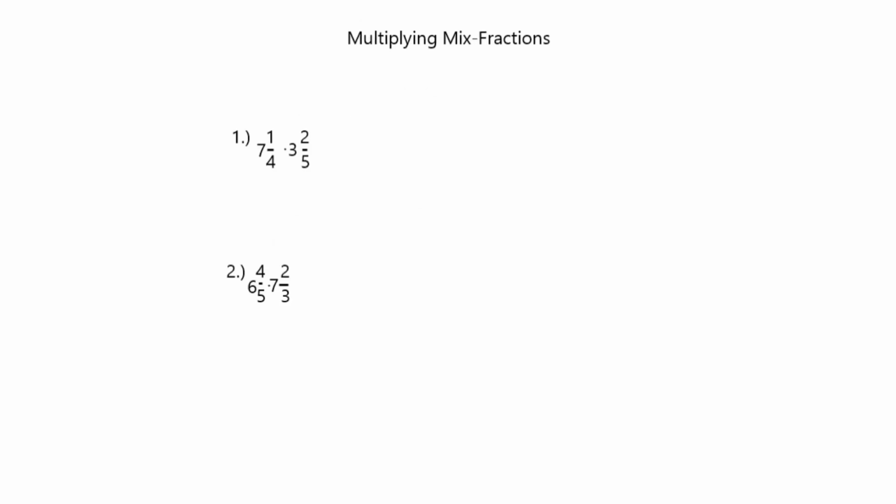Okay, now let's move on to our next problem. So now we're going to multiply some fractions here. So this is much easier than earlier. So just 7 times 4.